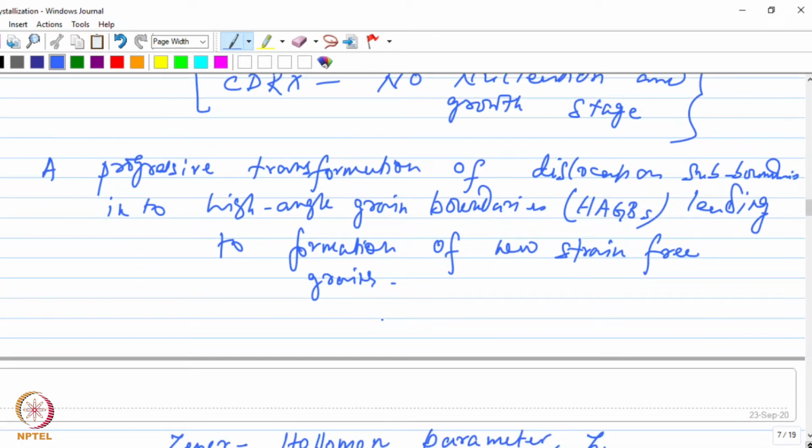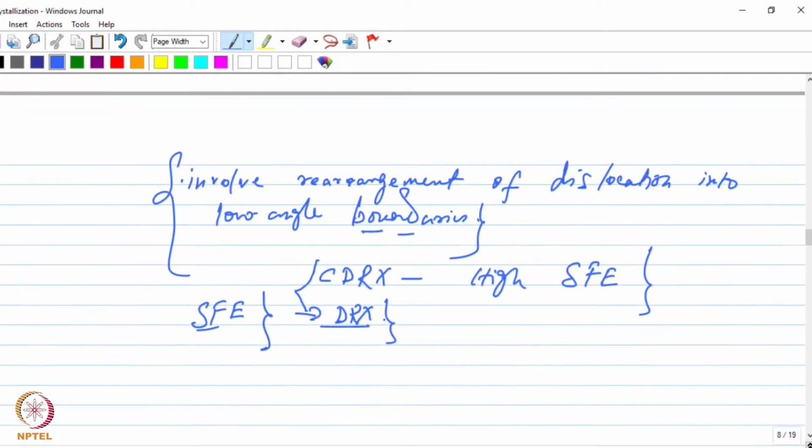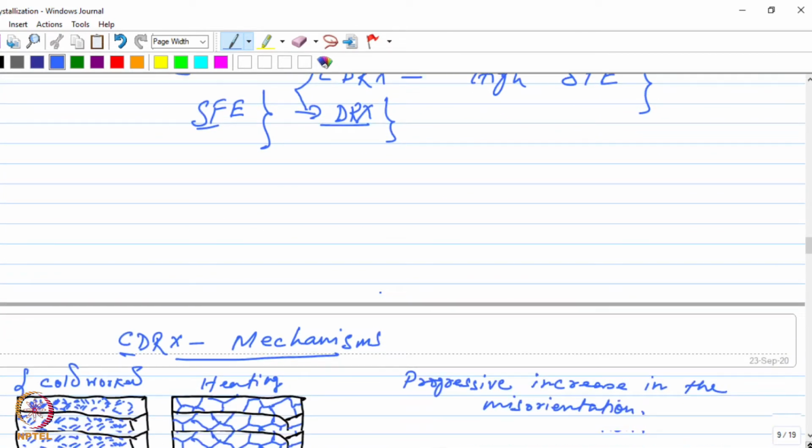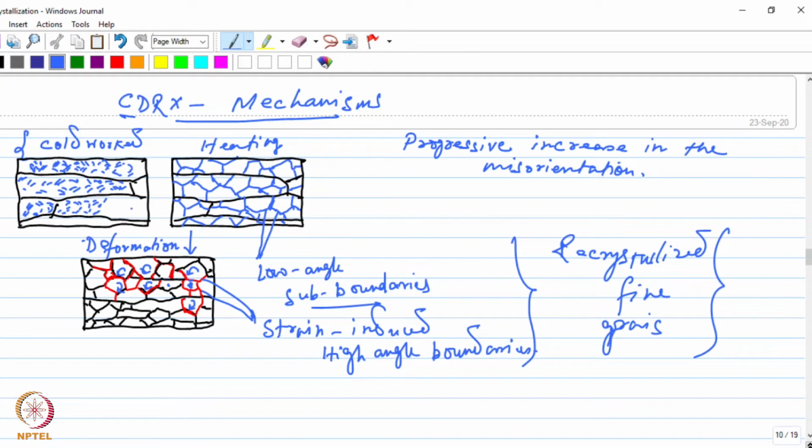And with regard to that, we have already talked about the mechanism as to how exactly that happens in case of CDRX, how the low angle boundaries form and how they turn into high angle boundaries. We have discussed that in the previous class. Okay.